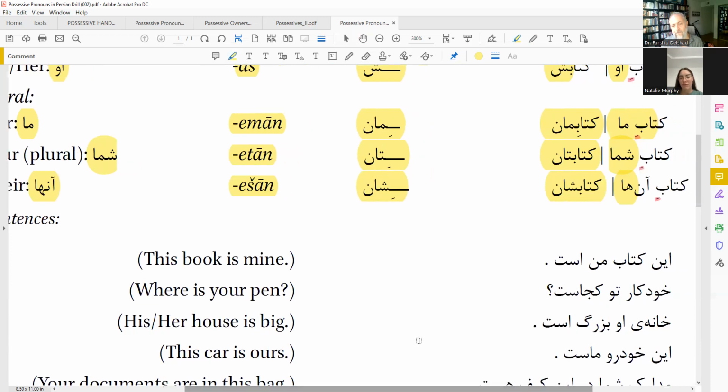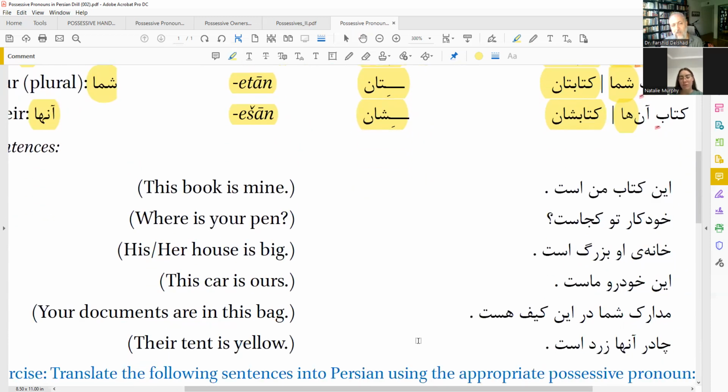But for now, I would like you to see, in this couple of phrases that I used, the possessive forms separated here.